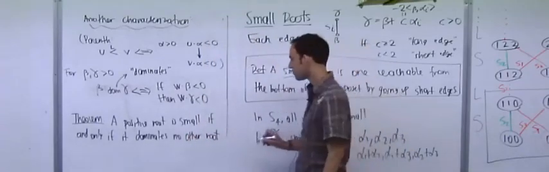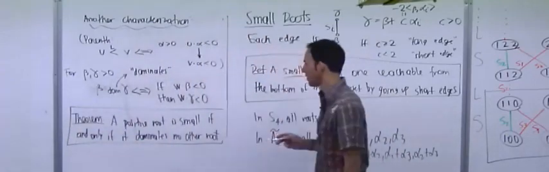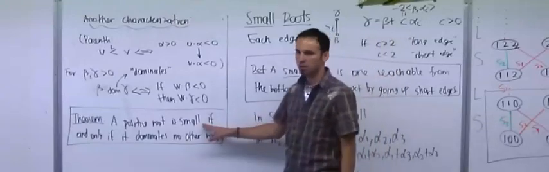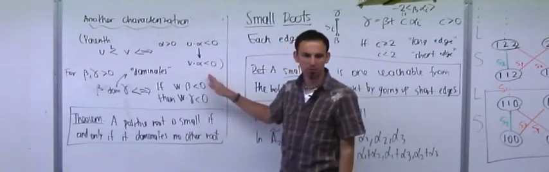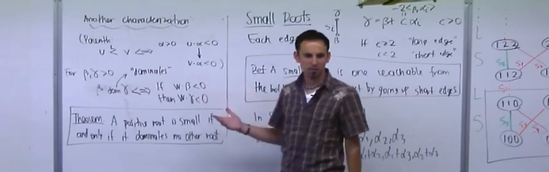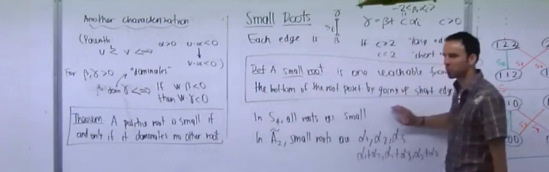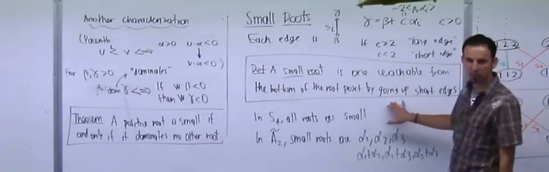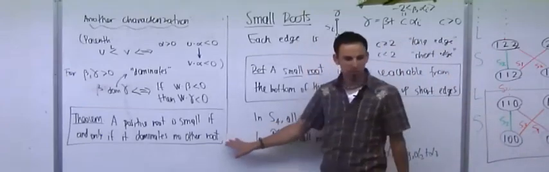In other words, the small roots are exactly the minimal elements in the domination poset. And if I define them to you in this way, then I think you'll agree that they're a natural object. If I define them to you in this way, there's no reason why you should believe me that these are an interesting object to study. Okay. And so the next thing I want to do is sketch a proof of this theorem.